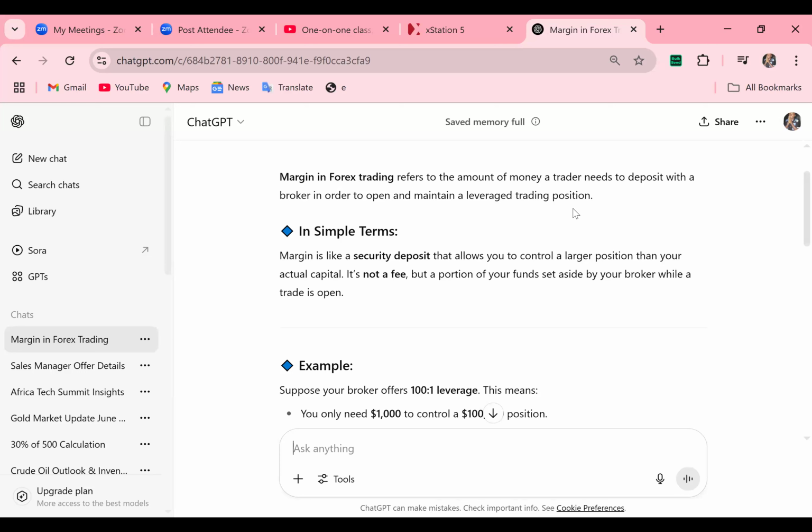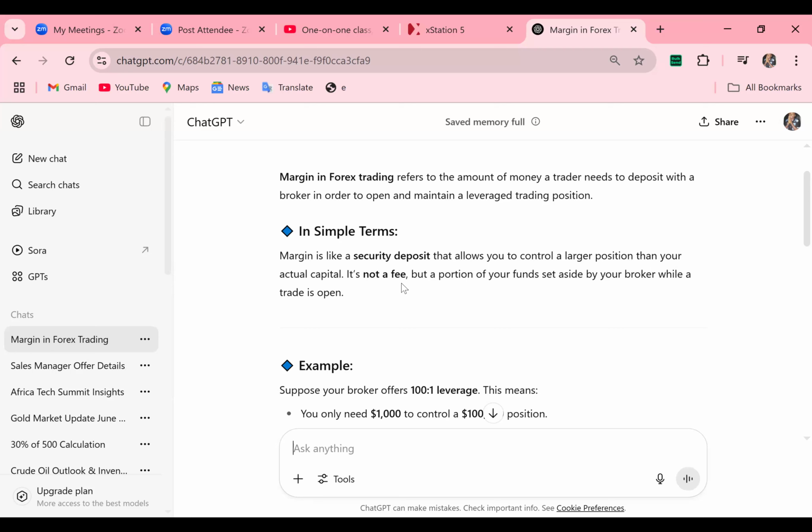In trading terms, it's called a security deposit. Do you understand? It's like a security fund. In simple terms, margin is like a security deposit that allows you to control a larger position than your actual capital.